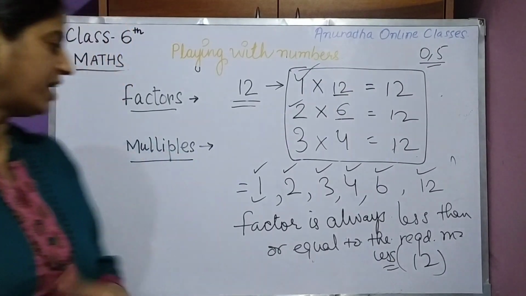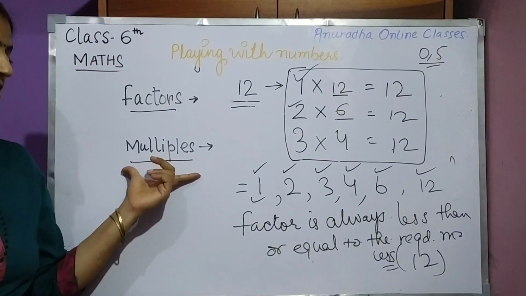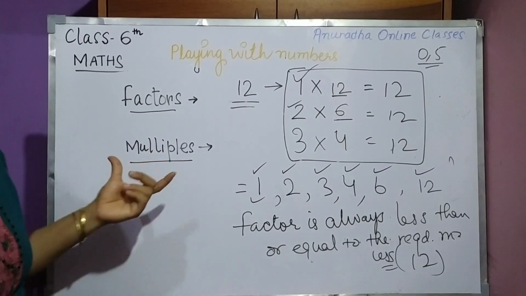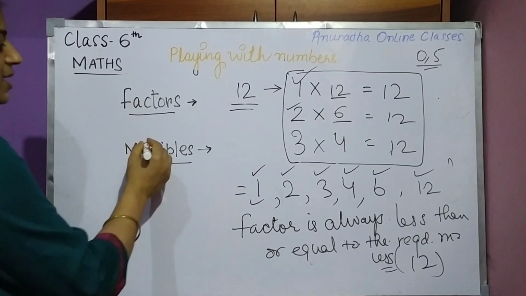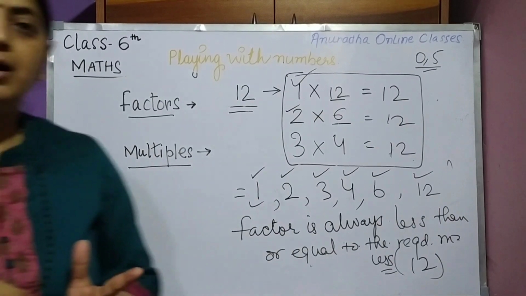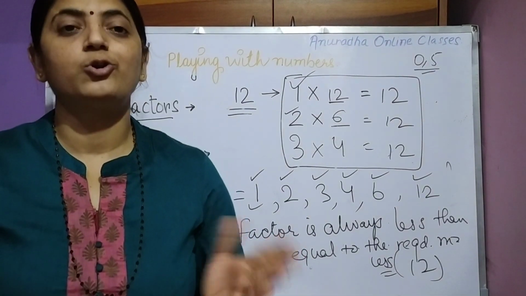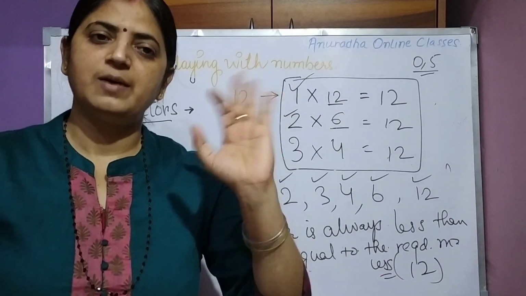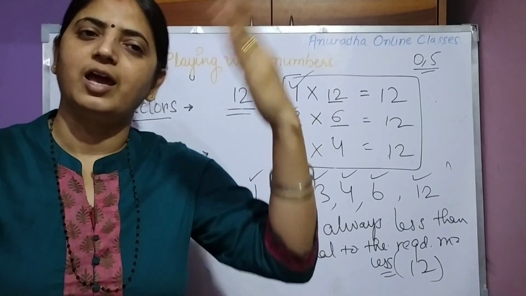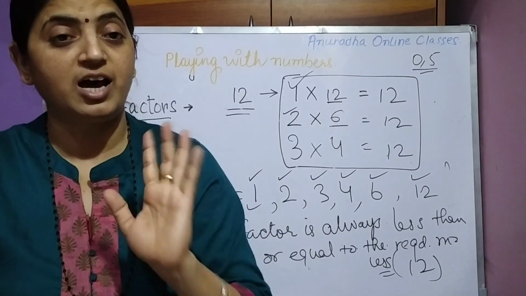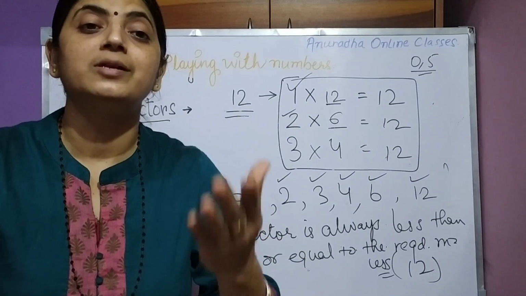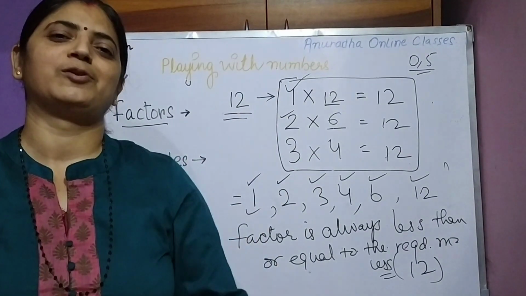Now come to the second term. One more term I have written here, that is multiples. Multiples means what? Multiples means, as you know, tables. Simply, multiples क्या होते हैं? Tables of, if I ask, tell me the multiples of 2, that means you will read the table of 2.